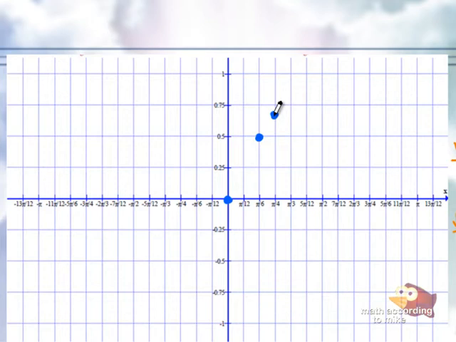Next up, pi over 3 is 0.9. So up here somewhere. And pi over 2 is 1.